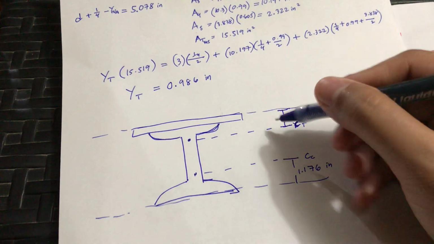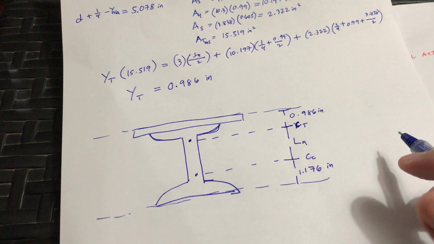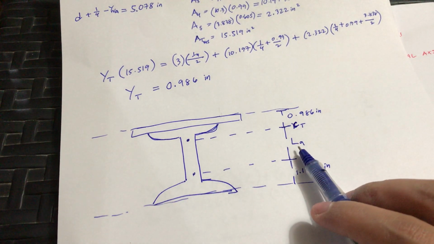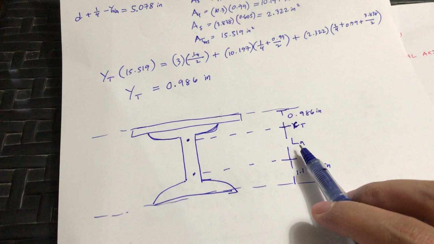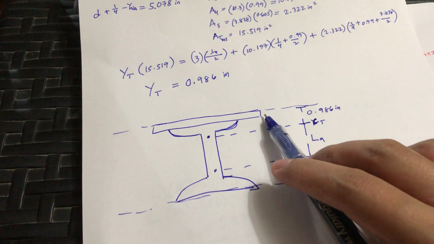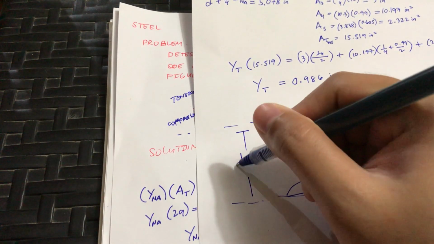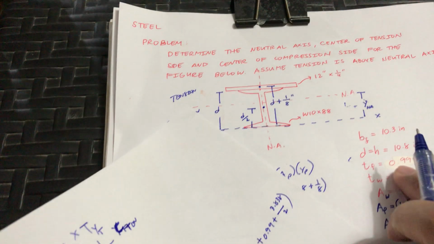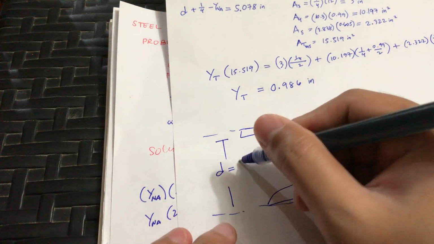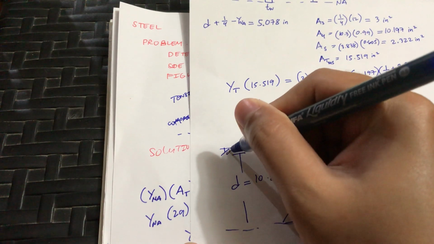Okay, now this is important, to determine the center of the tension side and center of compression side to solve this one, LA, because that is what we need in our solution for the analysis of built-up sections. How do we solve LA? Well, we need the total length, no? This is D, which is equal to 10.8 inches, and this is 1/4.